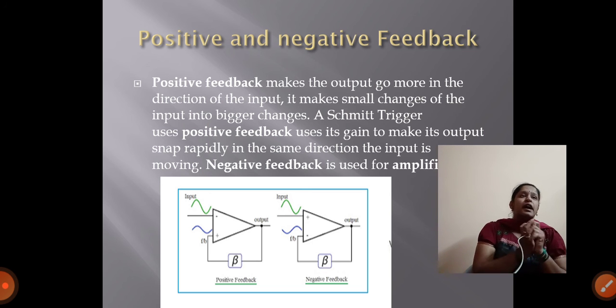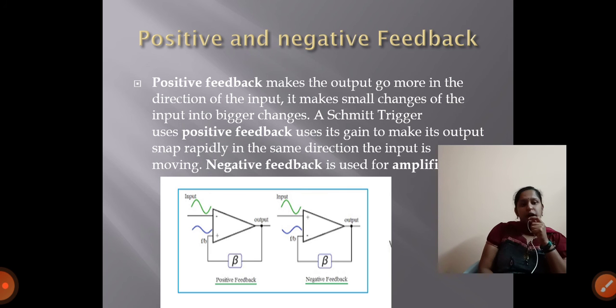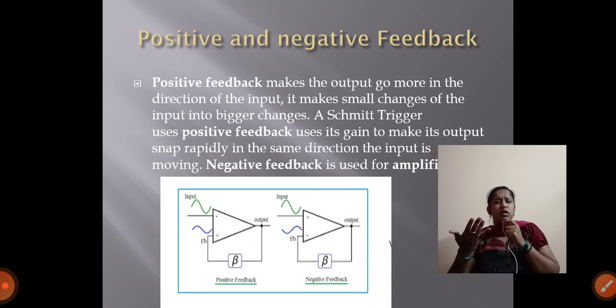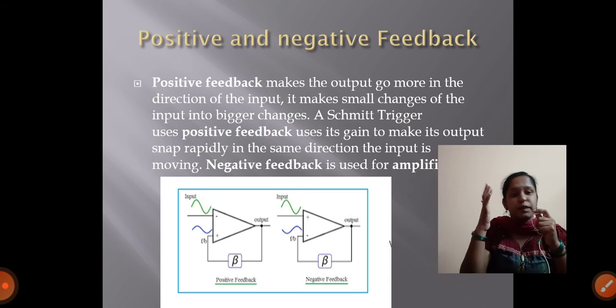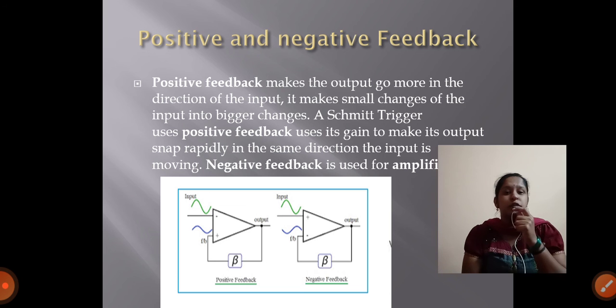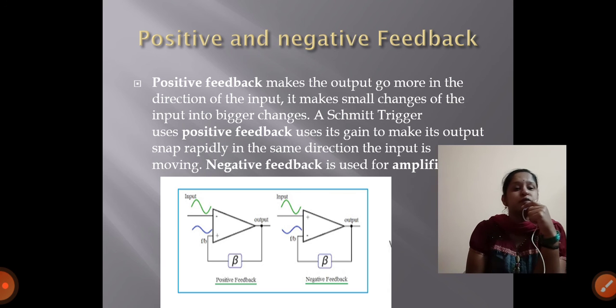Everyone thinks the word positive is good and negative is wrong. Negativity is wrong for humans, but for components it is good. For amplification, negative feedback is more useful than positive feedback.